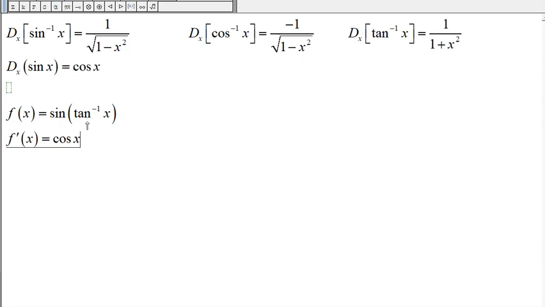But here we have sine of tangent inverse, and therefore in the place of x, we will put tangent inverse of x. And then by the chain rule, we have to multiply by the derivative of the tangent inverse of x.